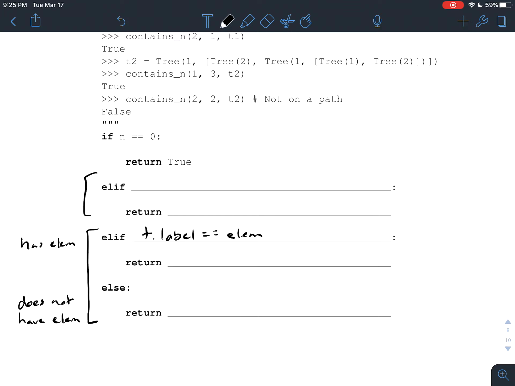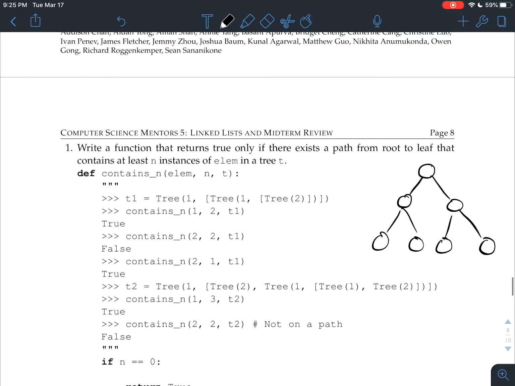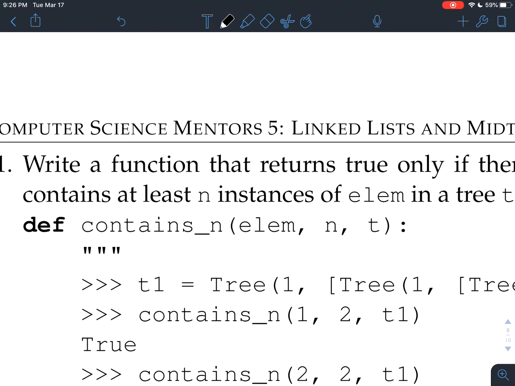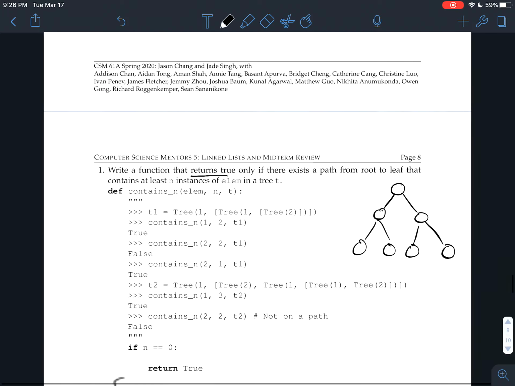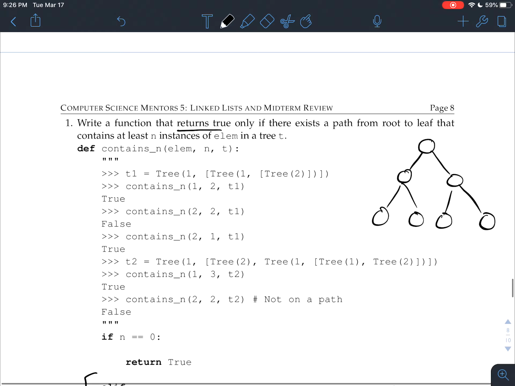And when we recurse, what we'll essentially be doing is we'll be getting an answer for every single one of our branches. So let's say I have 10 branches, then I'm going to be getting 10 answers. And these 10 answers are all Booleans according to the problem, because in this problem it says it returns true or false.